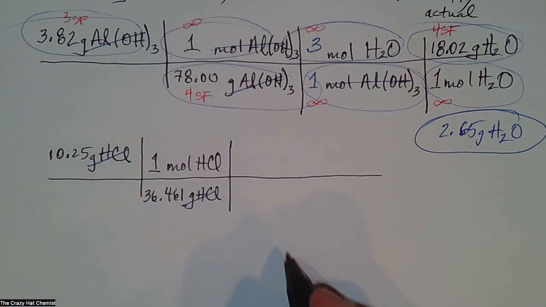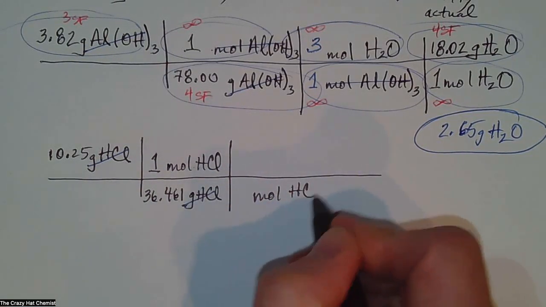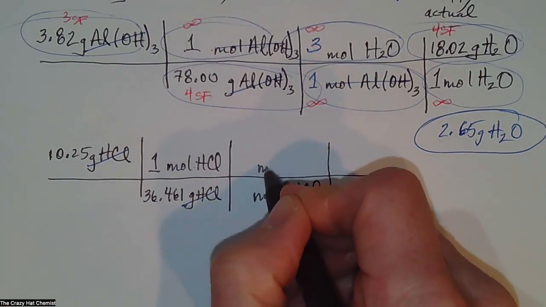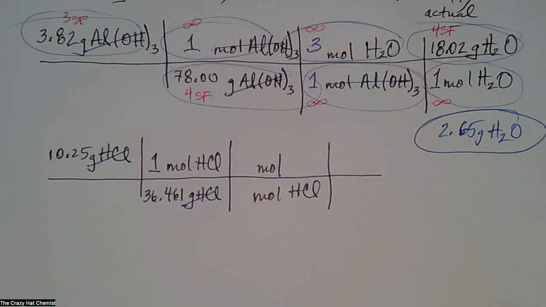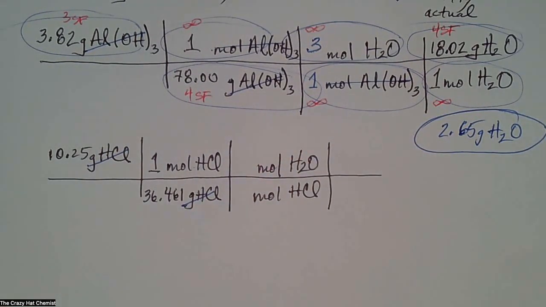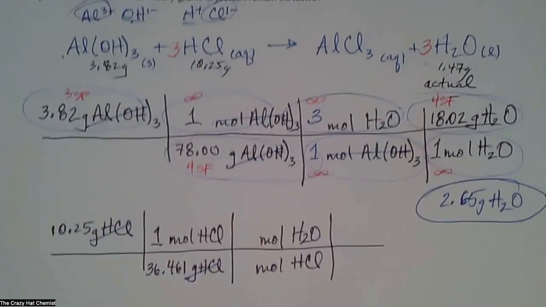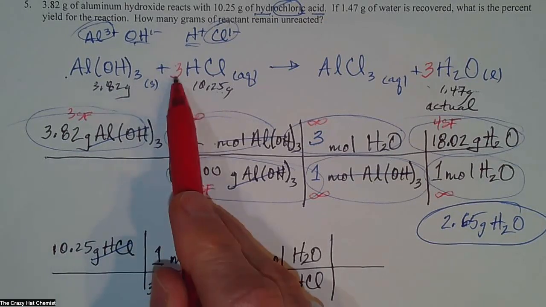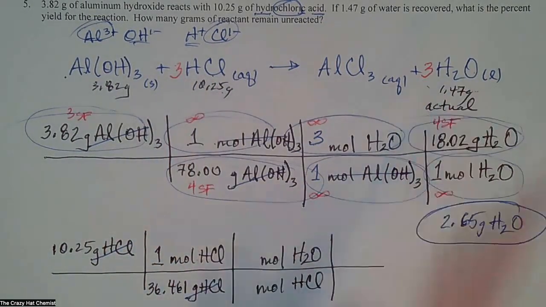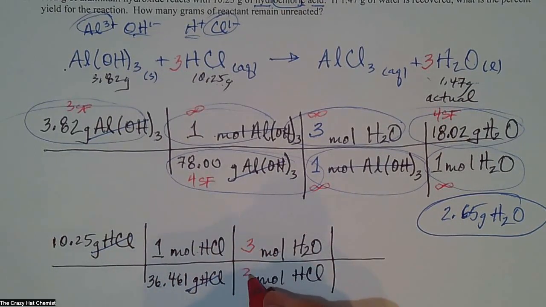I have moles of HCl in the numerator, therefore moles of HCl will be in my denominator. Moles of whatever it is that I want to get to, and I want to get to moles of water. I'm going to use my stoichiometric coefficients from the balanced equation. I'm going to double check that for HCl and for water. For HCl, it's a 3. For water, it's a 3. So this is a 3 for the water and a 3 for the HCl.